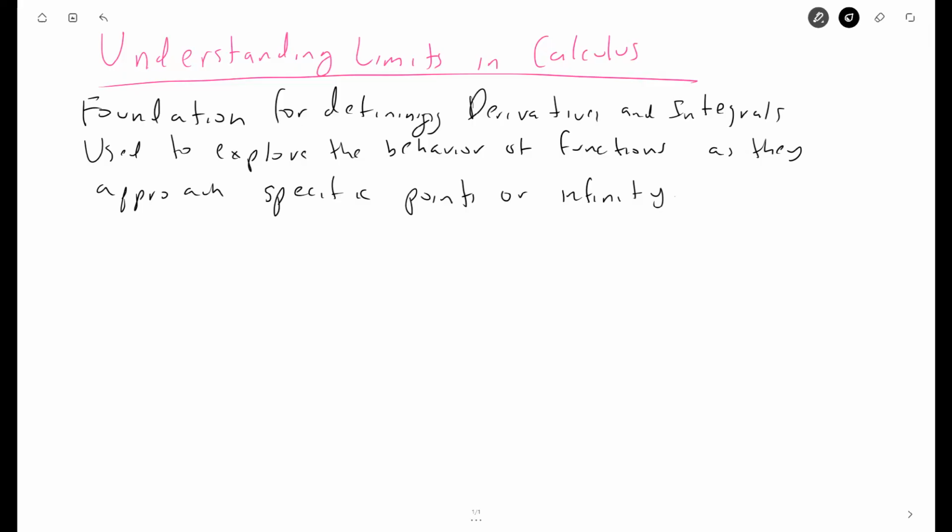So what is a limit? A limit describes the value that a function or sequence approaches as the input or index approaches some value.